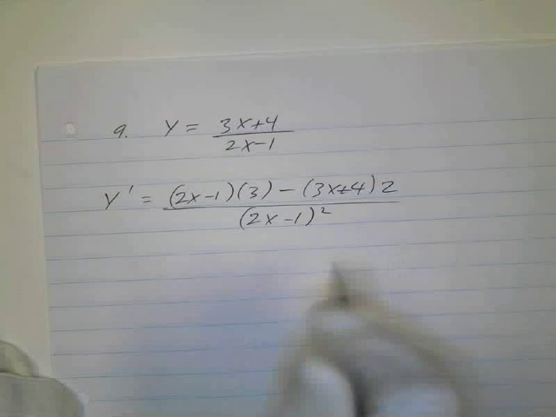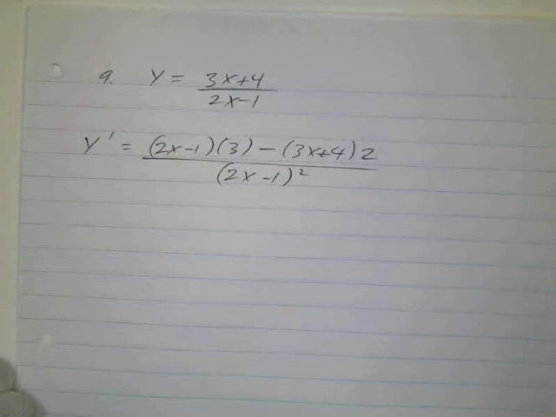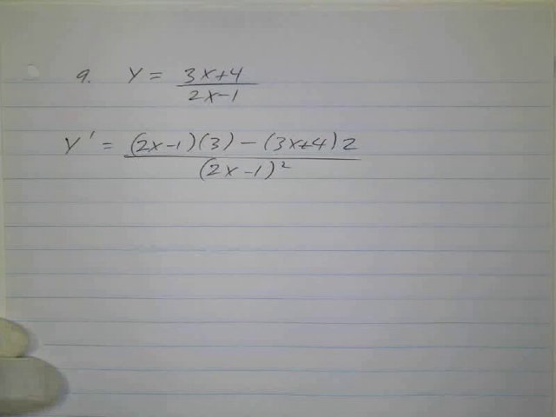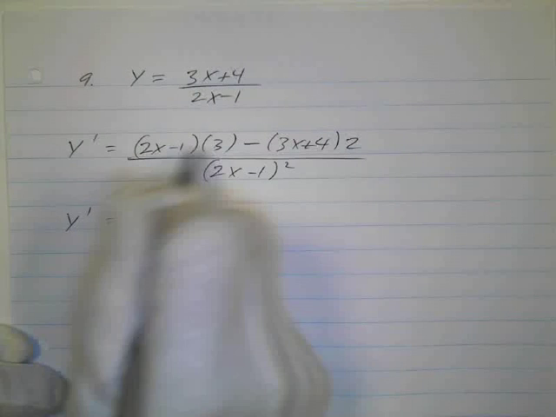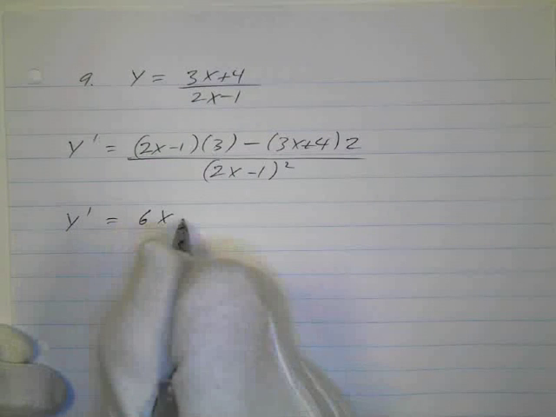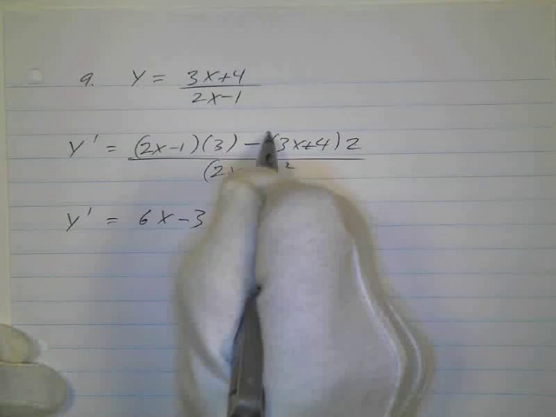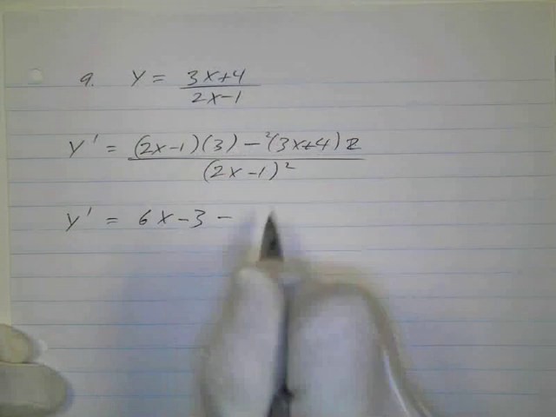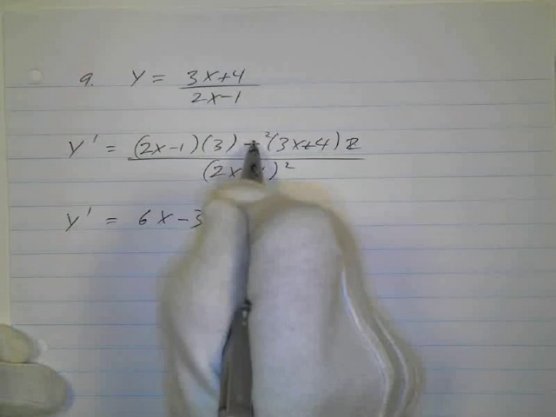Then you'd have to simplify, and we'll probably give you some possible answers so you can choose the one that's correct. I can simplify this. 3 times 2 would be 6x minus 3, and negative 2 times 3 is 6x, and negative 2 times 4 is negative 8.